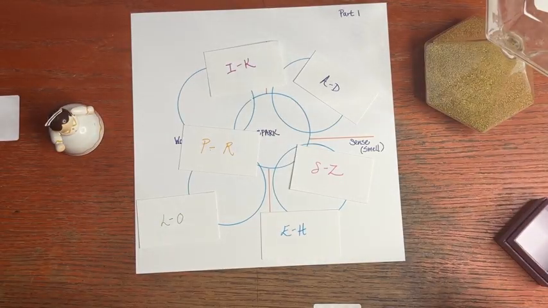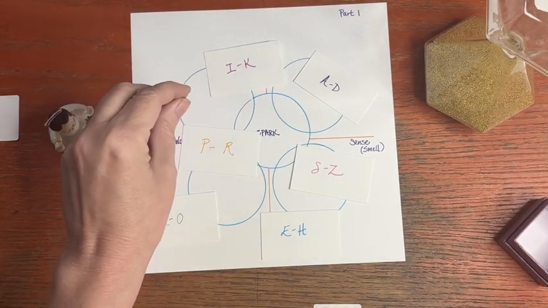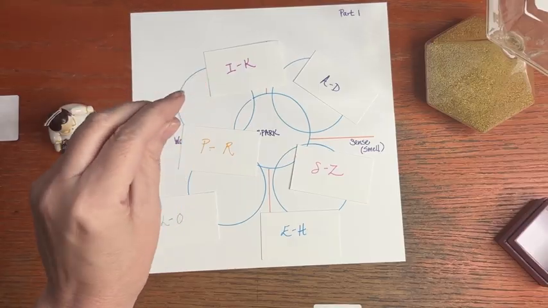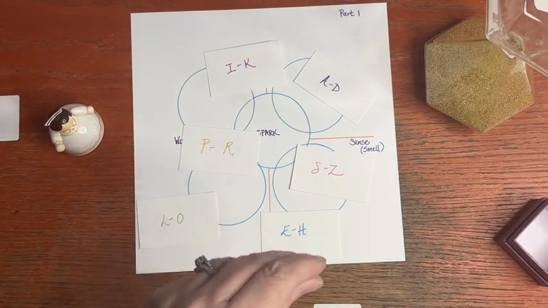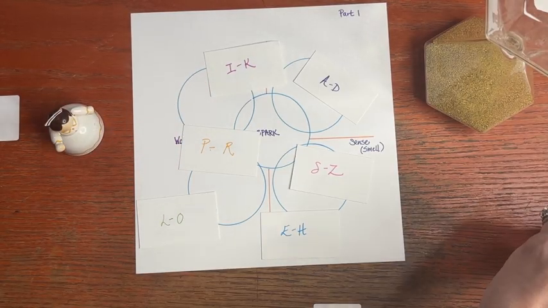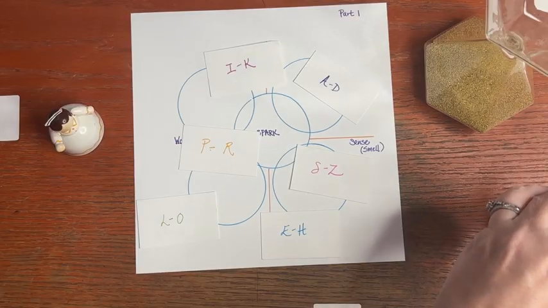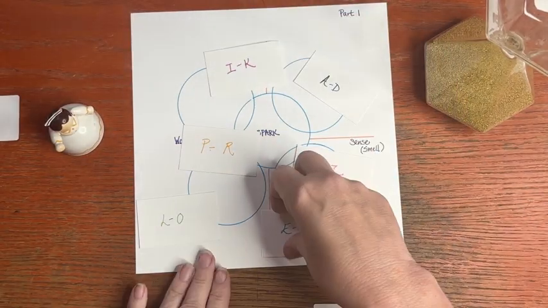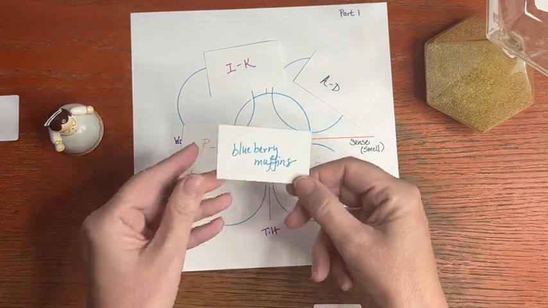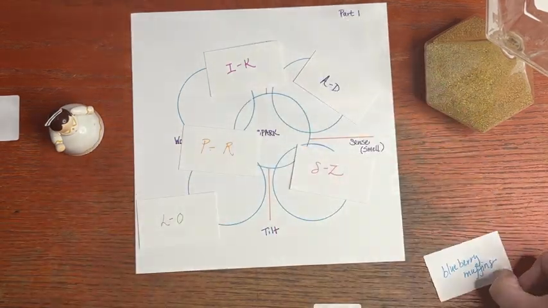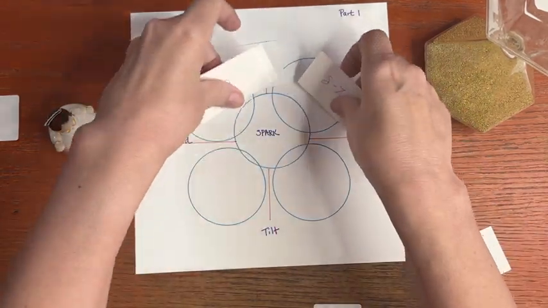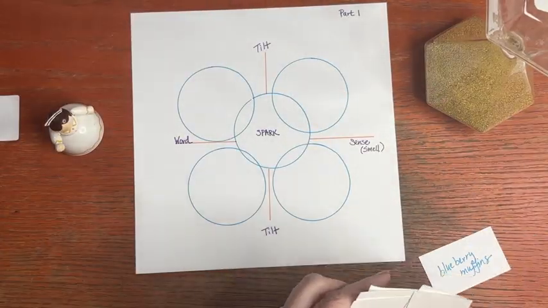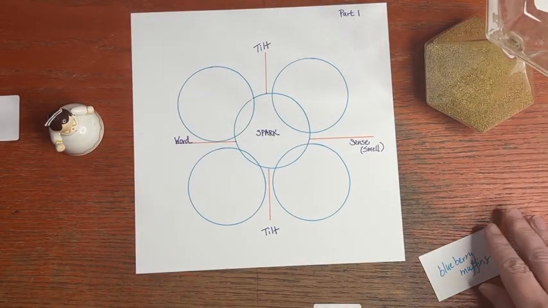So G is going to be, let's see, H-I-J-K, A-B-C-D-E-F-G-H. Here we go. So our sensory word for the day is going to be blueberry muffin. So we have someone scowling at their phone, the waves, and blueberry muffins.